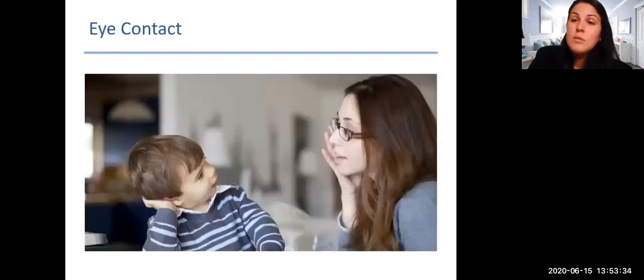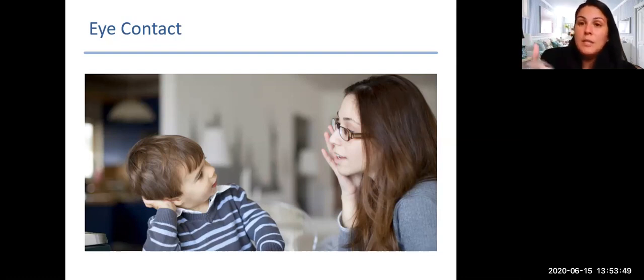Eye contact. So this one's a little bit tricky, right? When we're thinking about eye contact, we really hope that our children are able to make eye contact with us and look at us and almost engage in that back and forth and further facilitate the imitation, the enjoyment, the interest. But what happens if our children don't make eye contact with us?